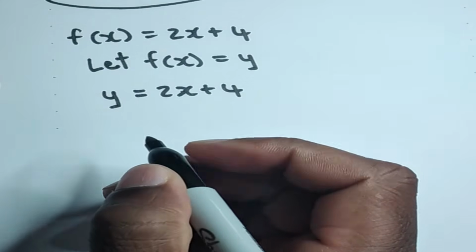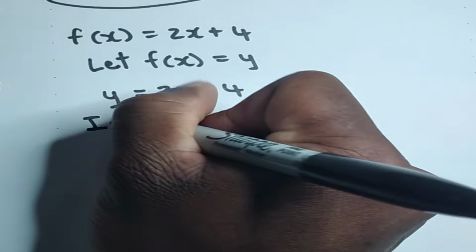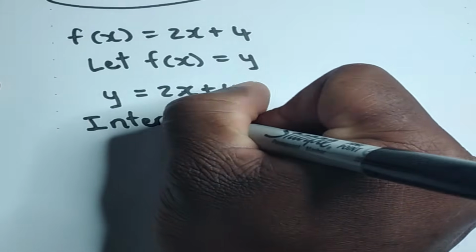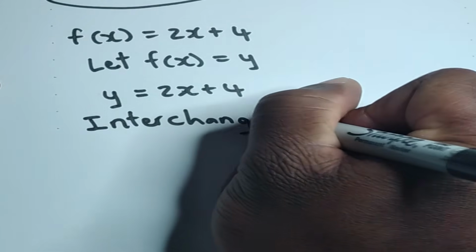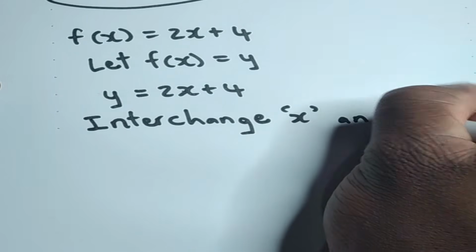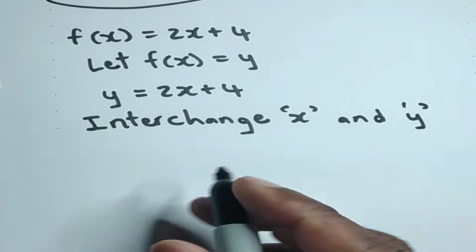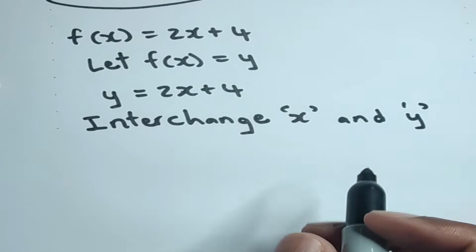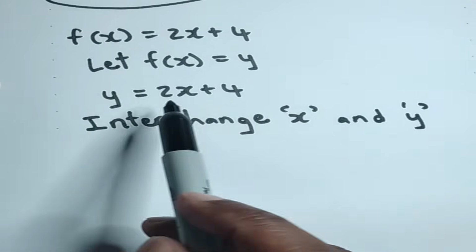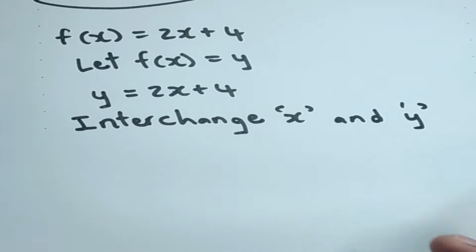Now the second step is to interchange x and y. That simply means wherever we have x, we put y there, and wherever we have y, we replace the y with x.